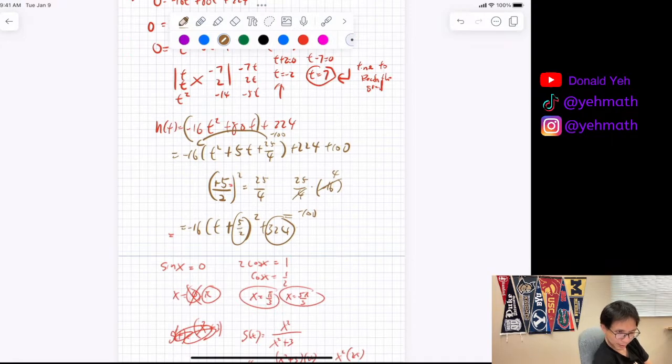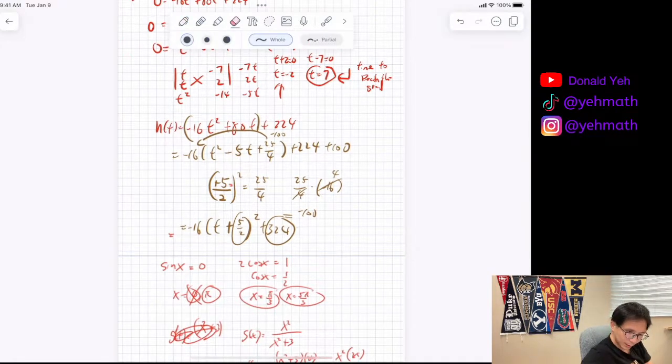No, it's negative. If you factor out negative 16, inside becomes negative. Sorry about that. Michael, you had a question? No? You got it? Yeah, you're right.